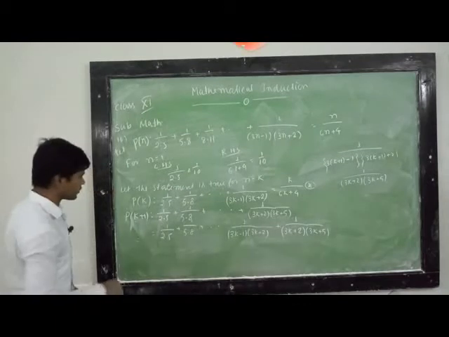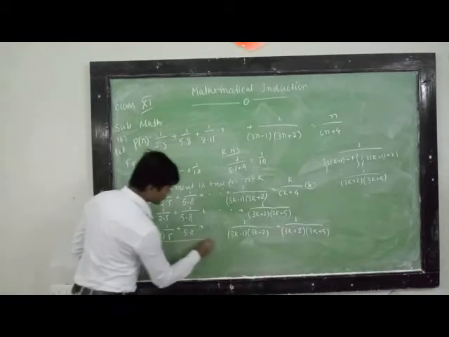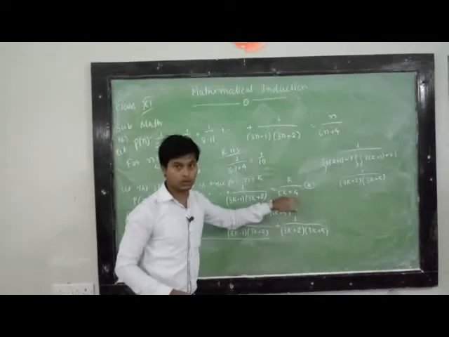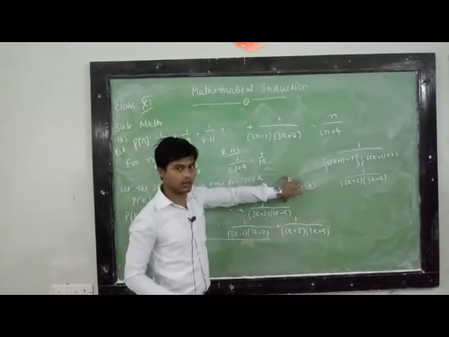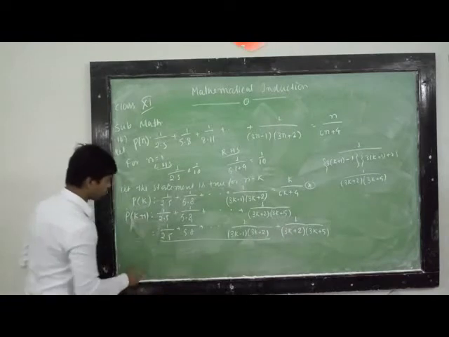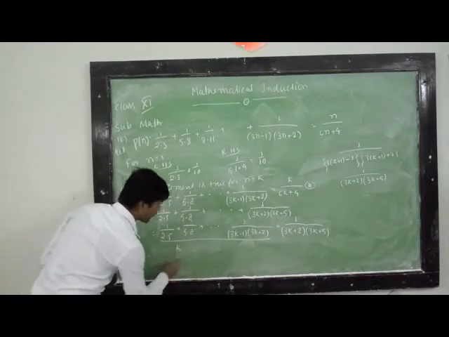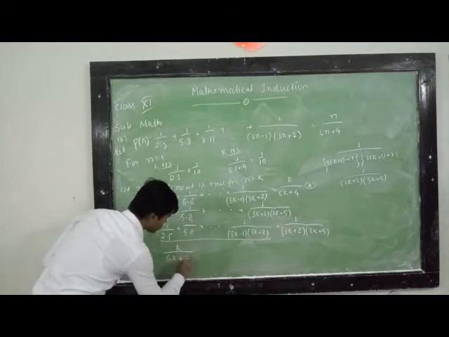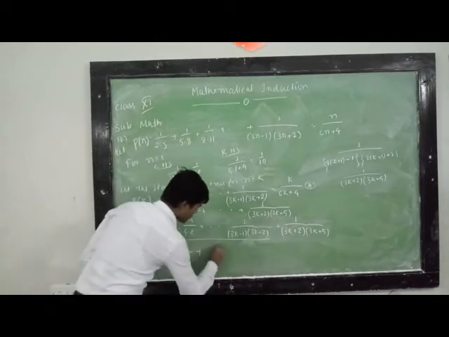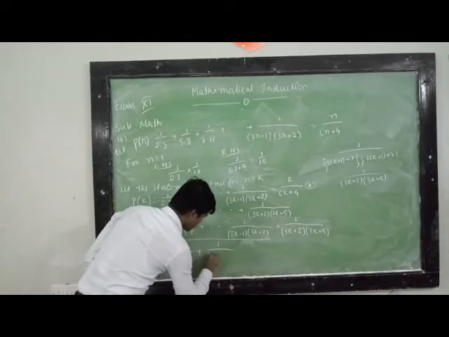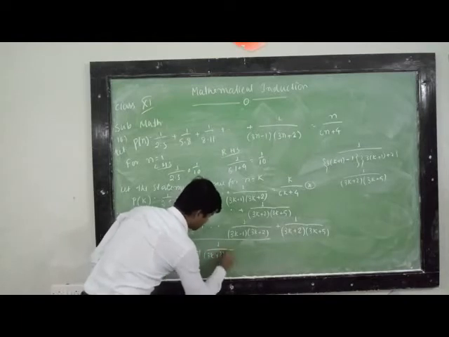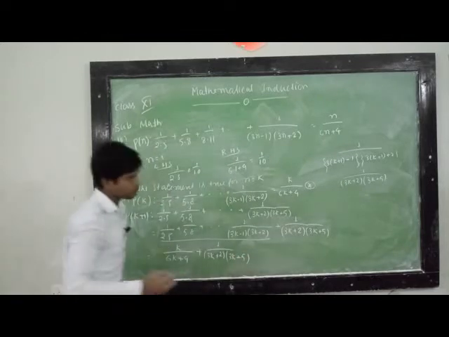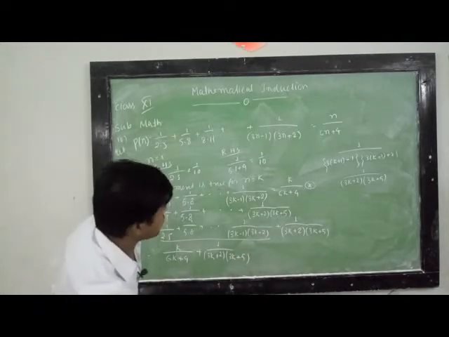Now do the calculation. From here to here, the value of the expression is known. I have given a star mark here. I told you we have to use this condition. So if I put this value here, k upon (6k plus 4) plus the last term 1 by (3k plus 2) into (3k plus 5).